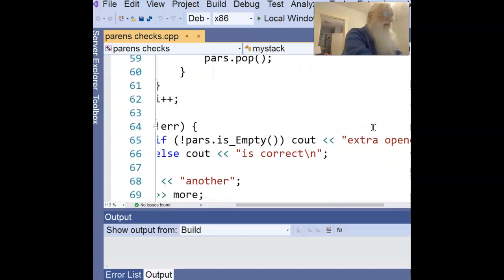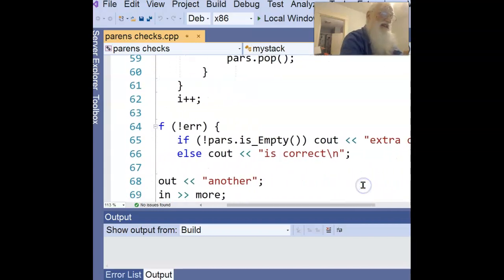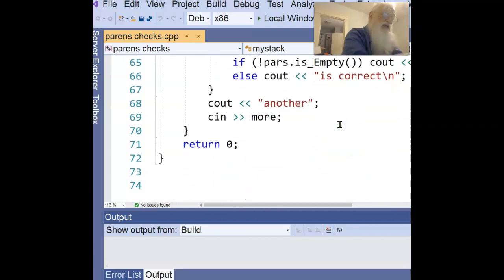And that's it. And if there's not an error, this is the last part, pardon me. If there's no error and the stack is not empty, I've got an unclosed type of parentheses. There's something there. Otherwise, I'm correct. And then I ask the person to go around again a few times.